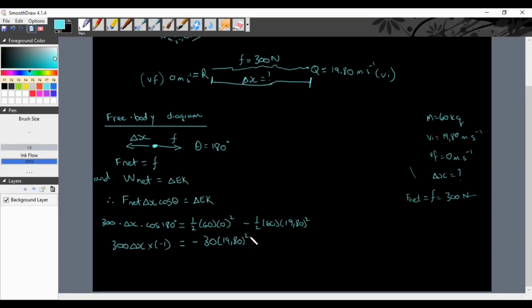Let me erase all this and just give you that value, to save space and time. So I have half of 60, which is 30, multiplied by 19.80 squared.